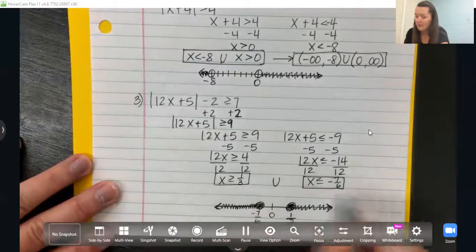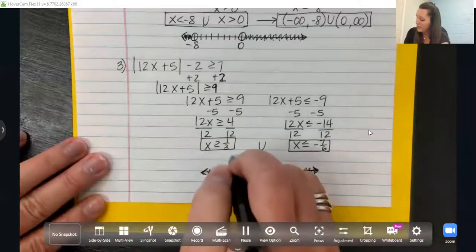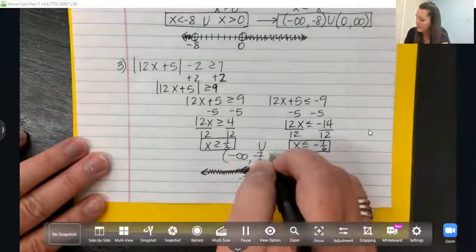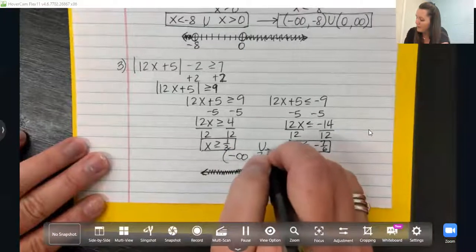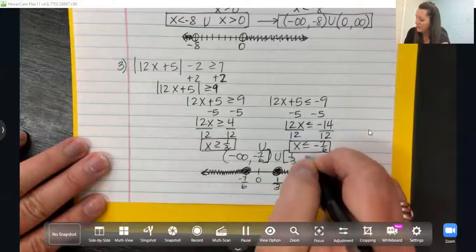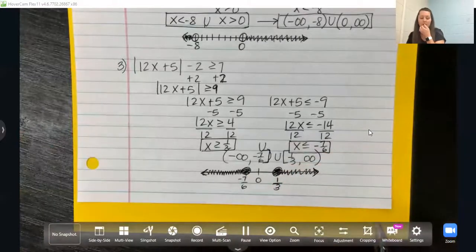So it's going to be that union together with it. And then interval notation, we're going to say negative infinity to negative 7/6 with a bracket. And then that union sign, bracket here, 1/3 to positive infinity with a parenthesis. So that's our interval notation.